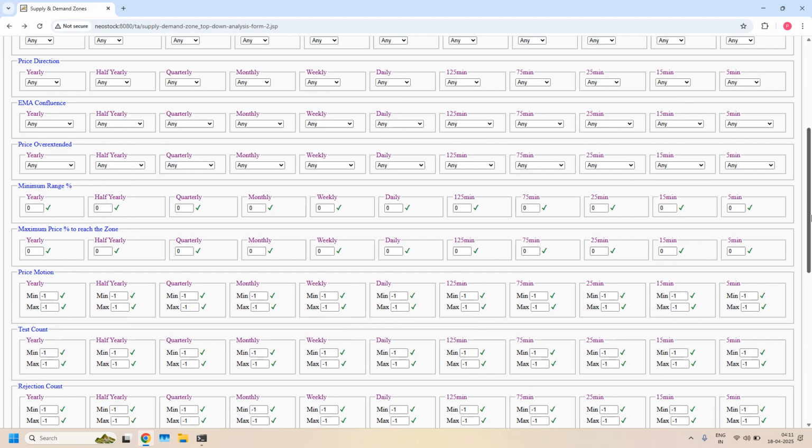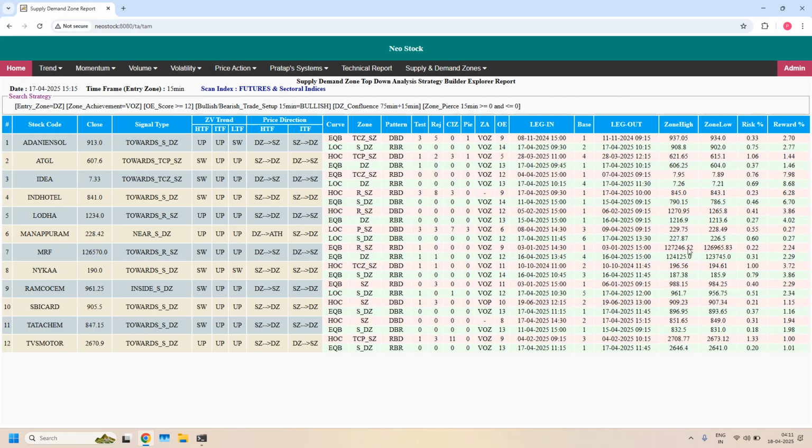So by setting this filter, out of 15 stocks, we got 12 stocks. In these 12 stocks, the 15 minutes demand zones are overlapped with 75 minutes demand zone. And 75 minutes trend is uptrend in all the stocks because it is bullish trade setup. And ITF is 75 minutes time frame.